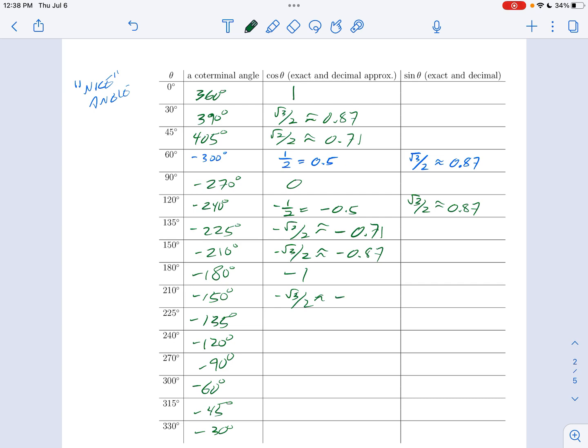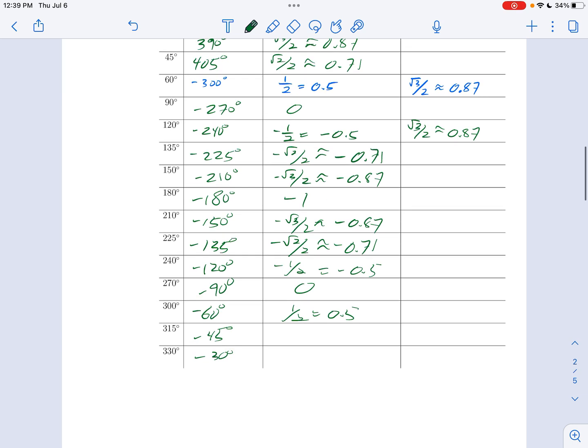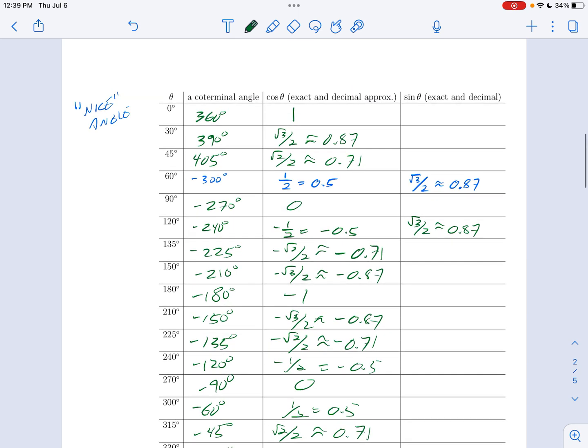I'm just going to silently fill in the rest of these. Don't need an approximate there. And now I'll fill in the sine values.